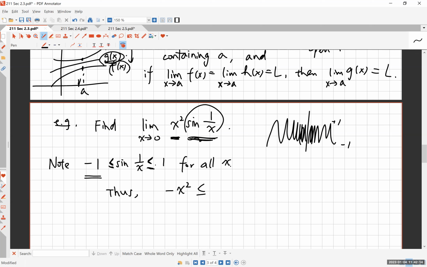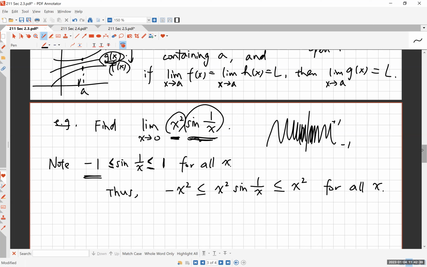By multiplying by x squared, which is positive, you get negative x squared less than or equal to x squared sine of 1 over x less than or equal to x squared. This is true for all x.